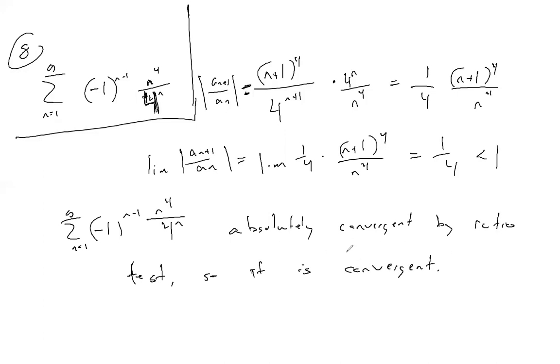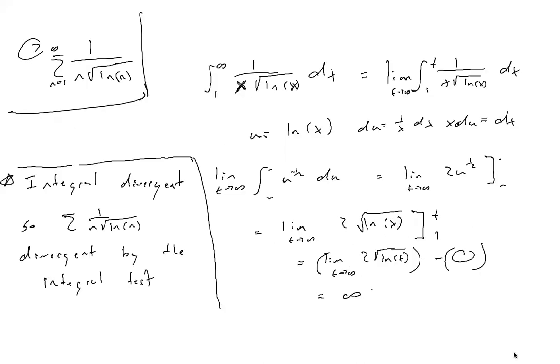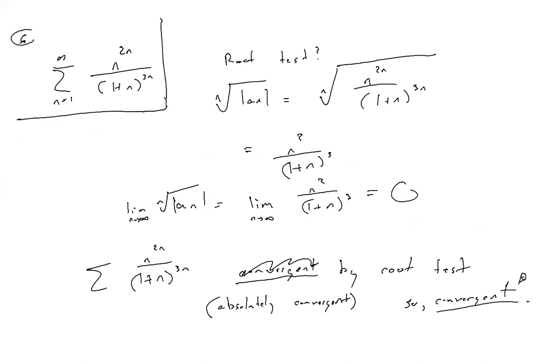And I think that saying absolutely convergent, so it's convergent, is more important on this one than on the previous one, because we actually have negative terms here. If we go back to look at this one, everything was positive, right? So we didn't have any negative terms. So absolutely convergent in this case is the same as convergent.